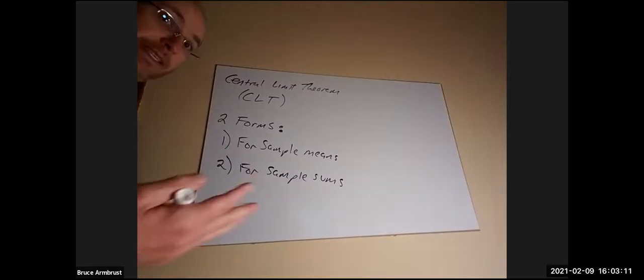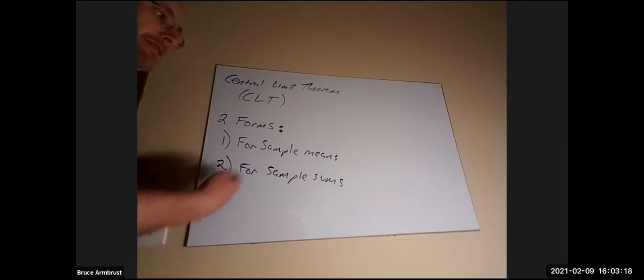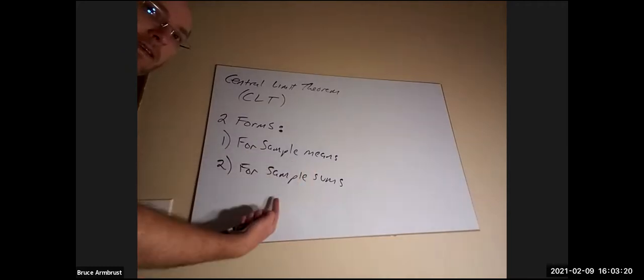The other form is for sample sums. So it too is what it sounds like. We're going to take and add up all those numbers. So let's say we're doing the same thing. We're going out, we're going to sample 25 adult males, get their heights. This time, instead of averaging them, getting a mean, this time we're going to sum them all up.